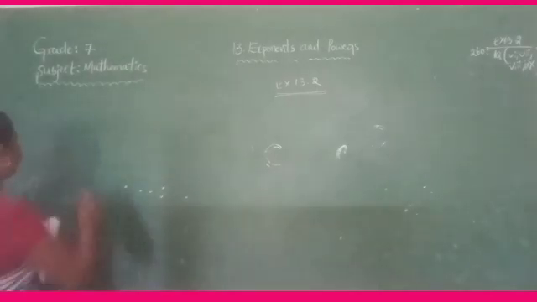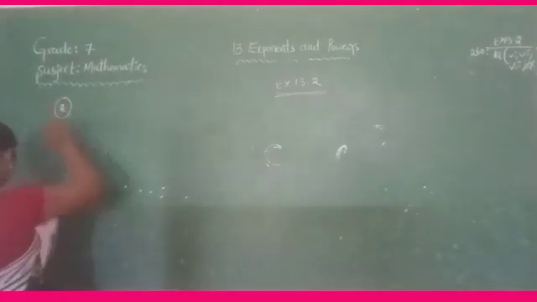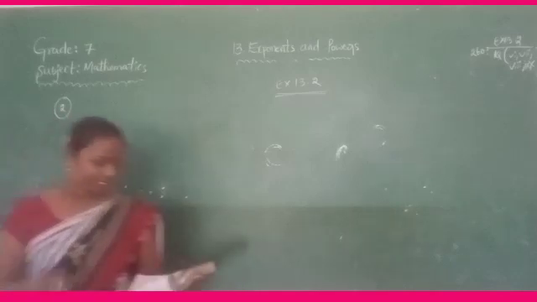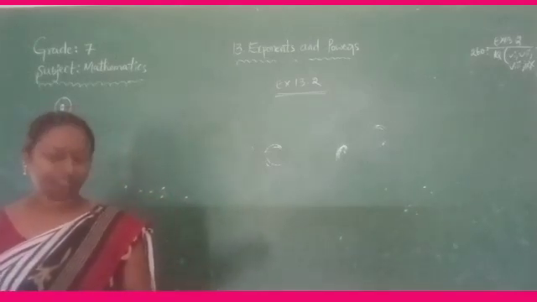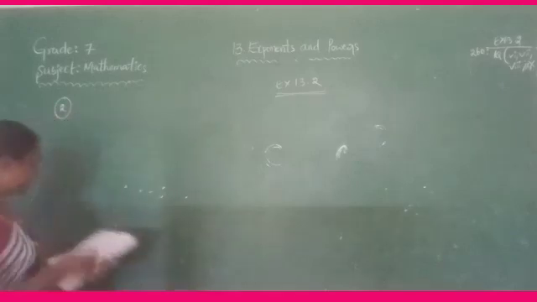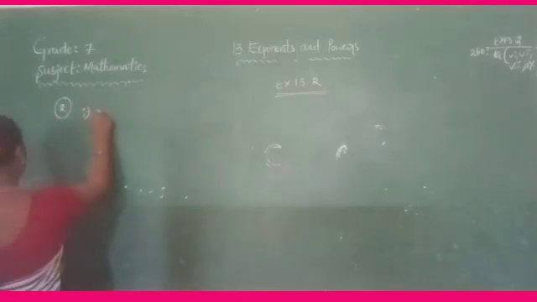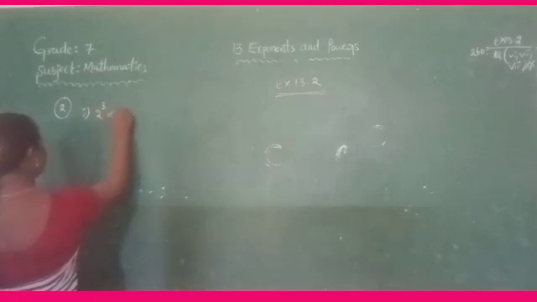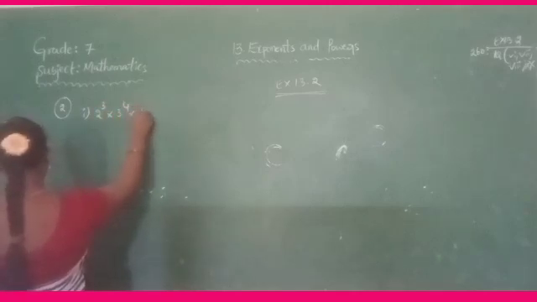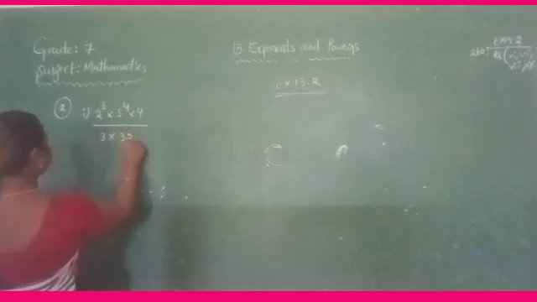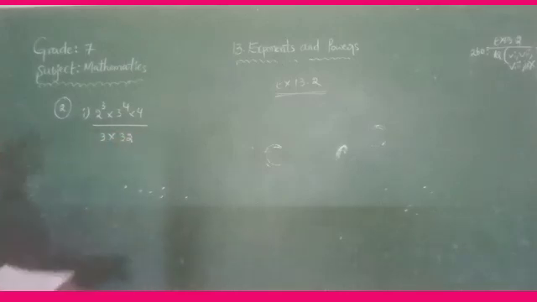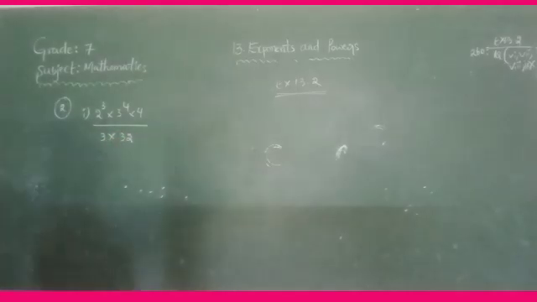Right. So next come to the second question. Simplify and express each of the following in exponential form. So what is the first problem? 2 cube into 3 to the power of 4 into 4 by 3 into 32.